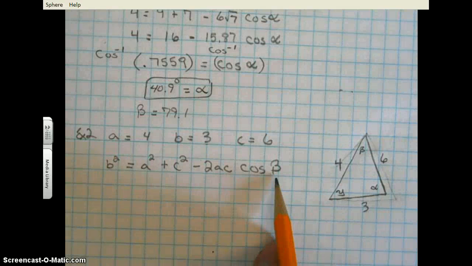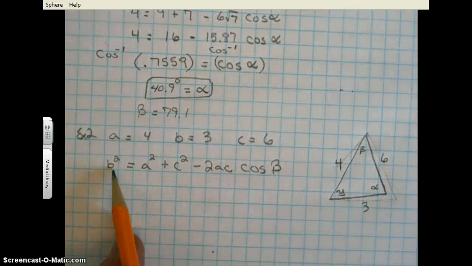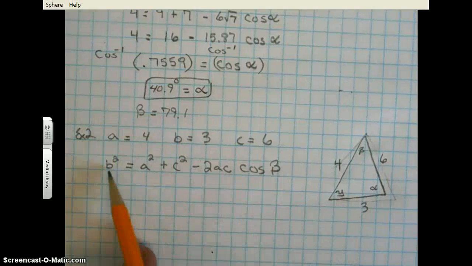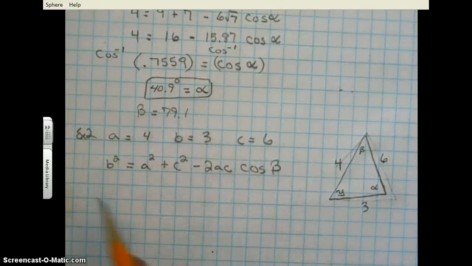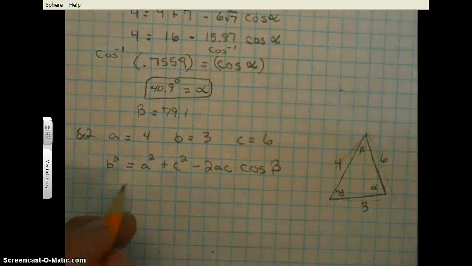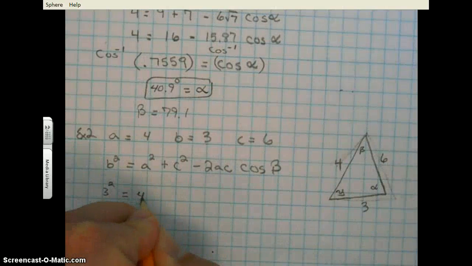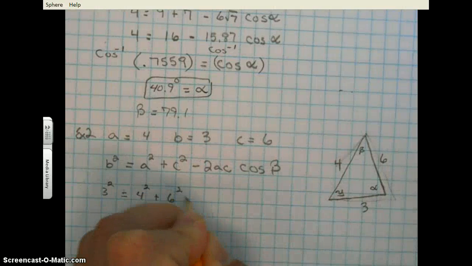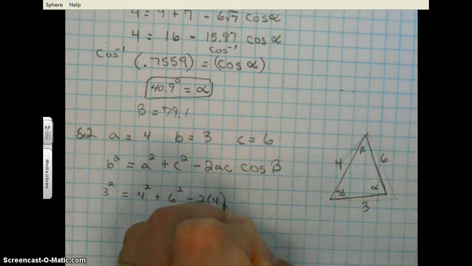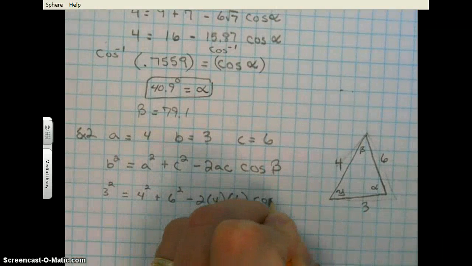Notice angles beta, b, gamma was c, alpha was a on the front. Just interesting, I just noticed that. So we got 3 squared equals 4 squared plus 6 squared minus 2 times 4 times 6 times the cosine of beta.